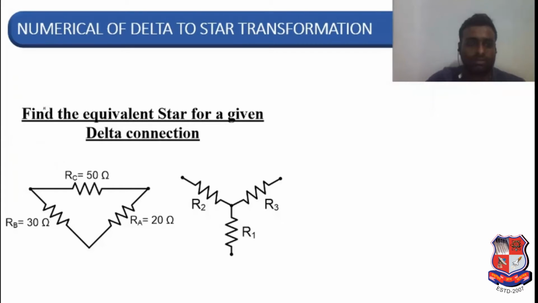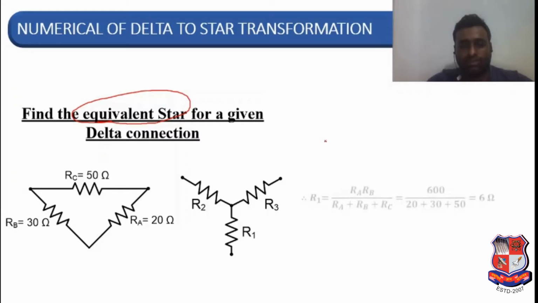Suppose this is a delta circuit given, and you have to find the equivalent star connection. Here RA, RB and RC are given. So you have to find the equivalent star from the delta circuit.